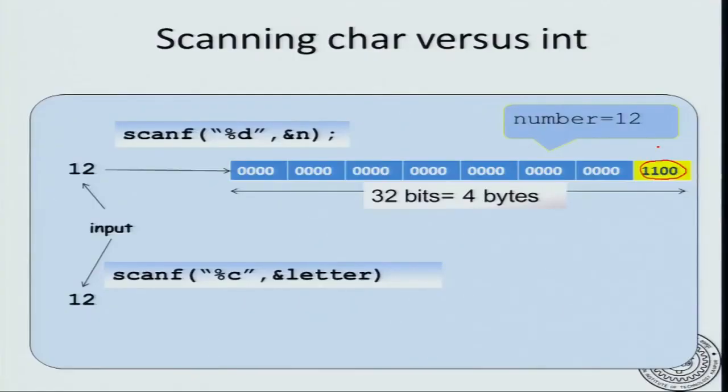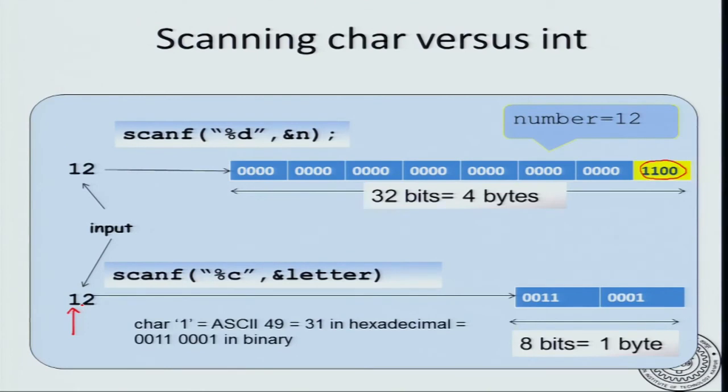On the other hand, for the same input, and here is the difference I want to emphasize, if the code was saying percentage c and letter, so scan the input 1, 2 using the scanf statement, scanf percentage c and letter, what will happen is that the C program is looking at the first character, which is the digit 1, and scanning it in.